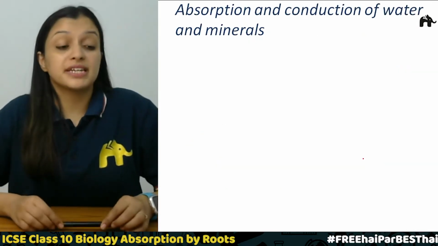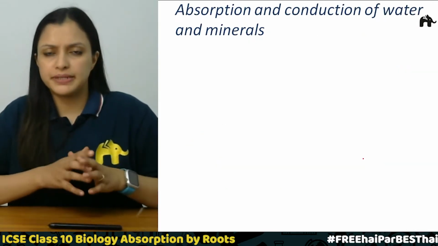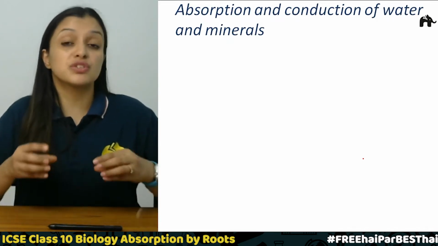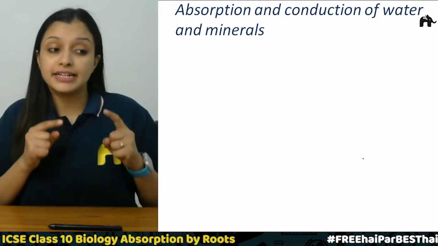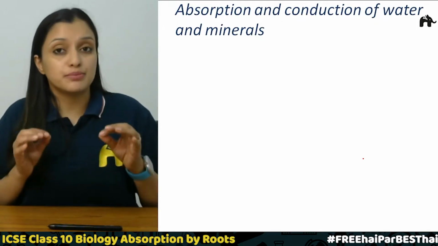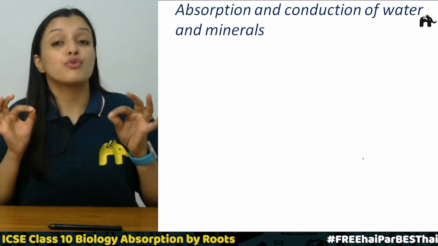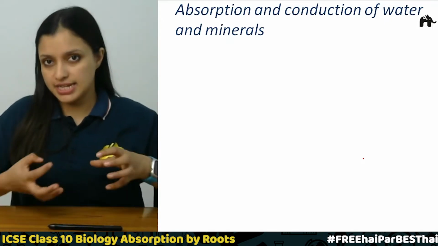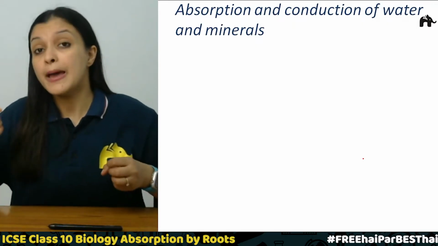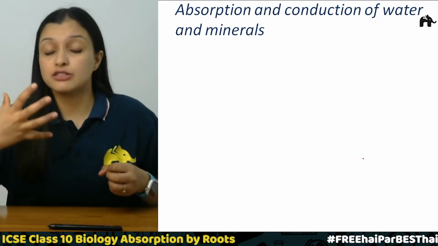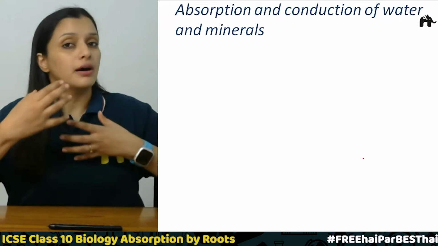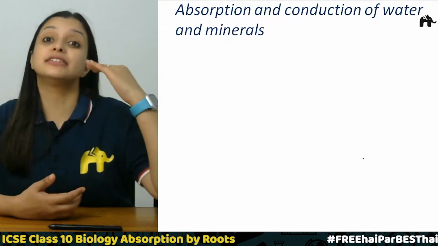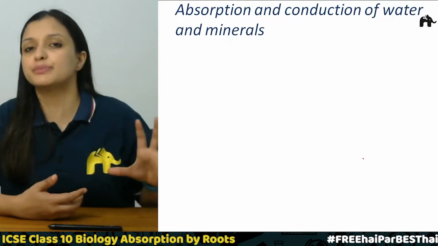Now the next topic is absorption and conduction of water and minerals. Just now we studied that there are some important characteristics of roots which help in the absorption of water, and now is the time to discuss the absorption and conduction of water and minerals. So basically these roots have certain characteristics which help in the absorption of water, but there are certain phenomena which actually take place and help in the absorption and conduction of water from roots to different parts of the plant.